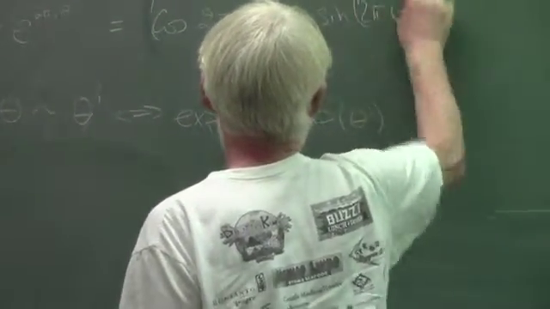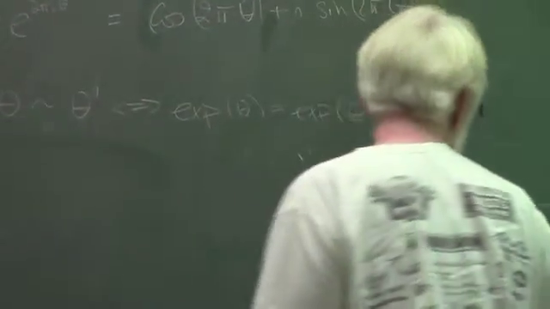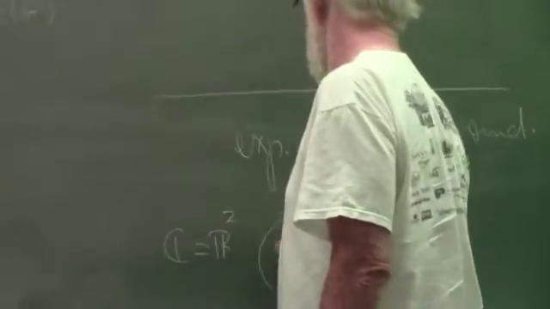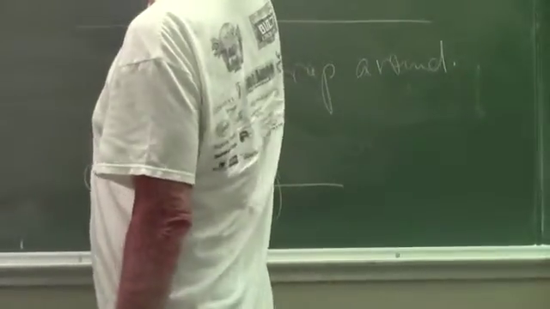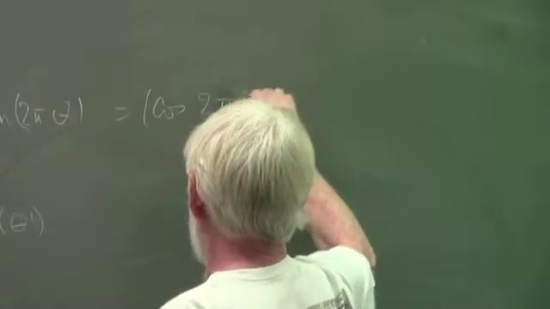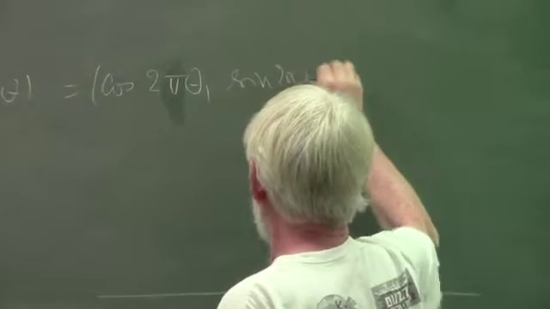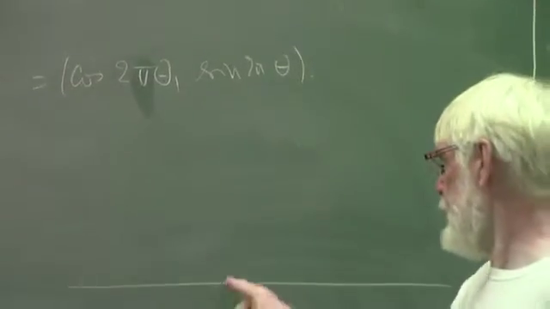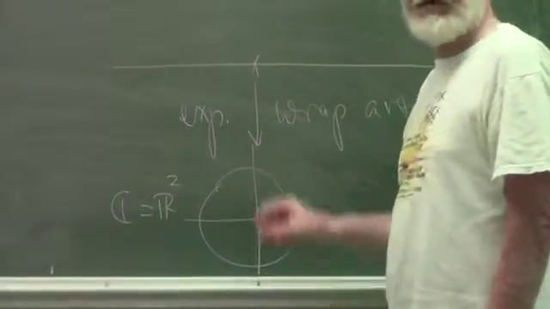Right? Or when you think of this as C, or the plane, then this one is the point cosine 2 pi theta, sine 2 pi theta. So you take this line and you wrap it around. So 0 here goes to this point, and then you wrap it around.